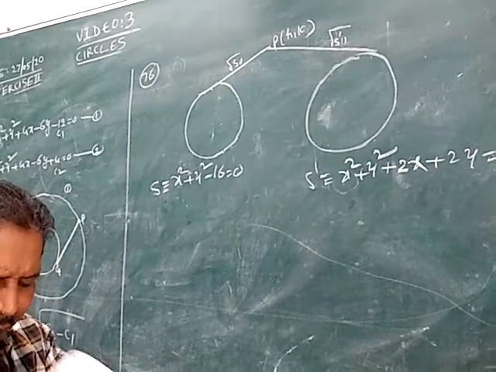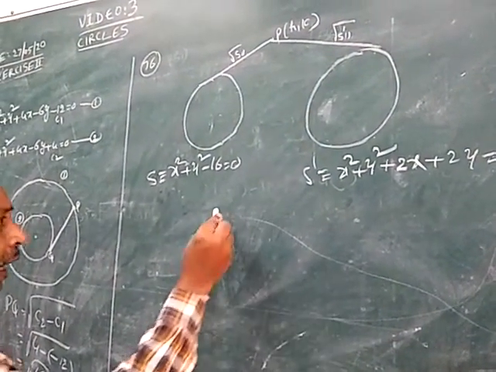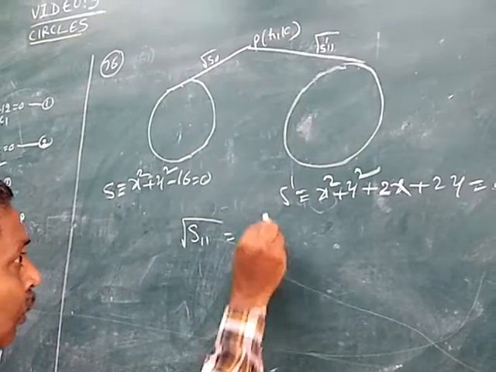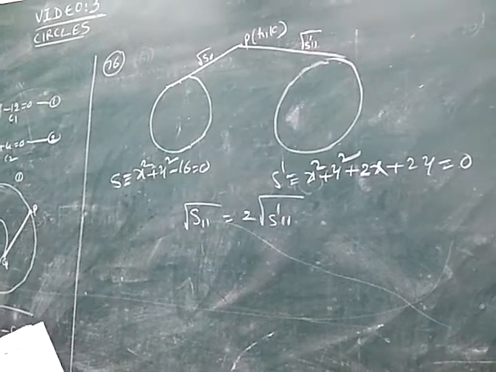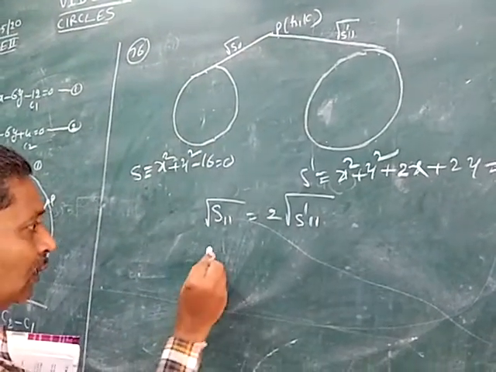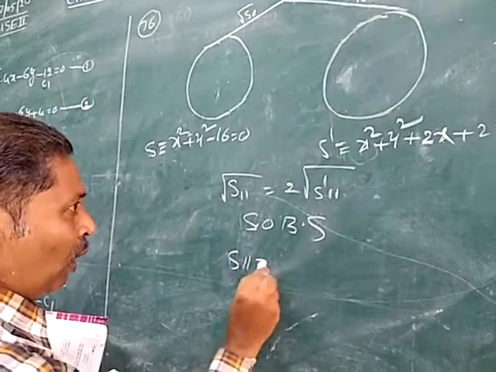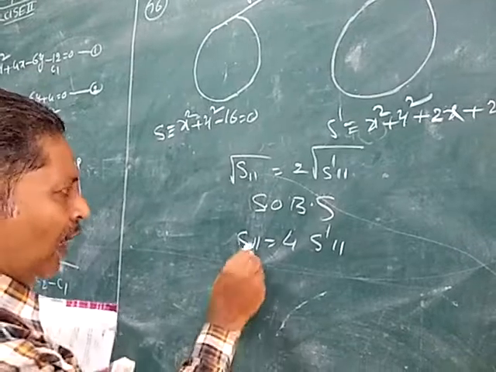That means S11 equals 2 into S dash 11. S11 means direct substitution. So squaring on both sides, S11 equals 4 into S dash 11.